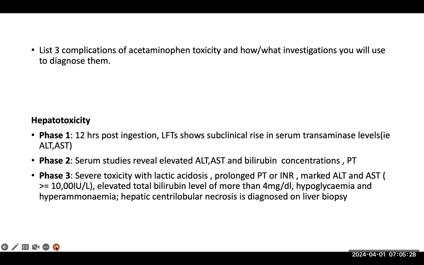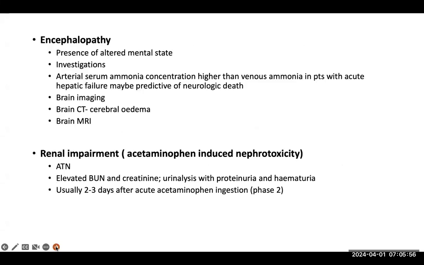Then you have phase 3, which shows severe toxicity with lactic acidosis, prolonged PT or INR, marked ALT and AST elevation, which is usually greater than or equal to 10,000 international units per liter, elevated total bilirubin level of more than 4 milligrams per dL, hypoglycemia, anemia, and when you do a biopsy of the liver at this point, you have centrilobular necrosis in the liver.